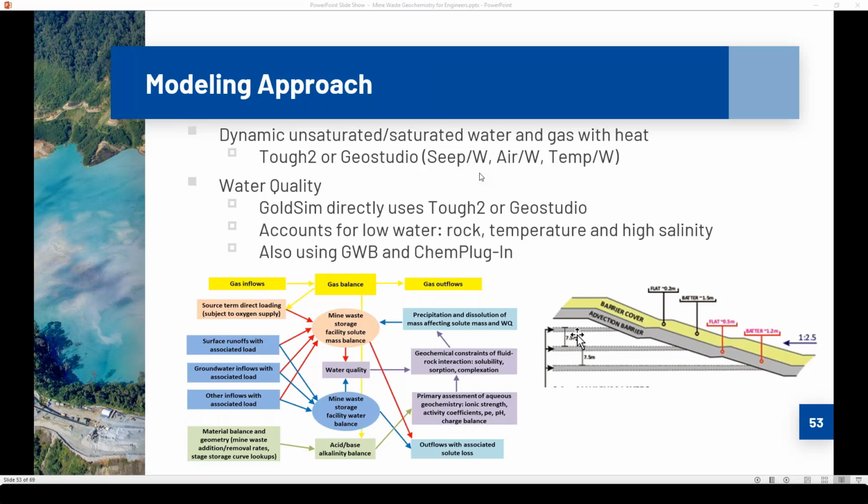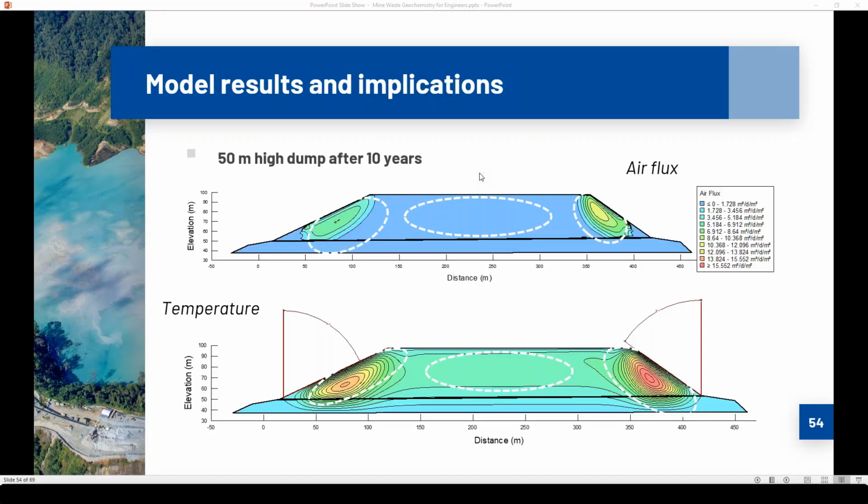So once again, we've taken the approach to link the dynamic changes in airflow, reactivity, temperature, and link that to the water quality so that we can understand how different design options or different cover options can improve the short and long-term loads that come from this particular facility.